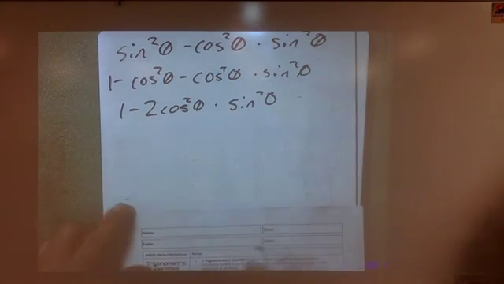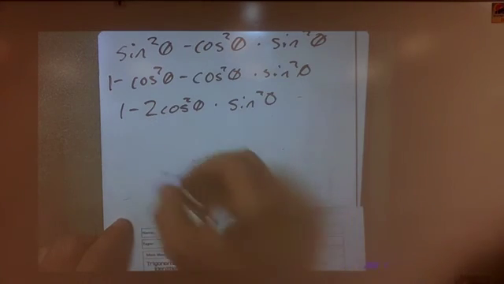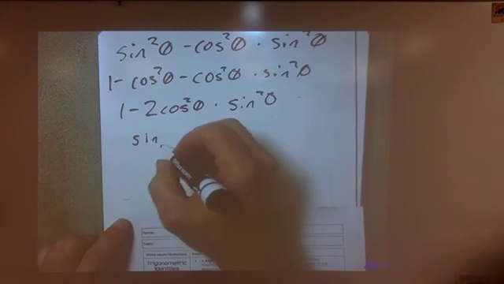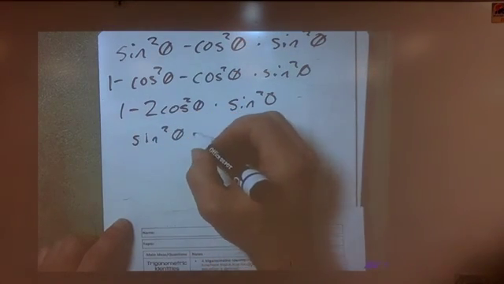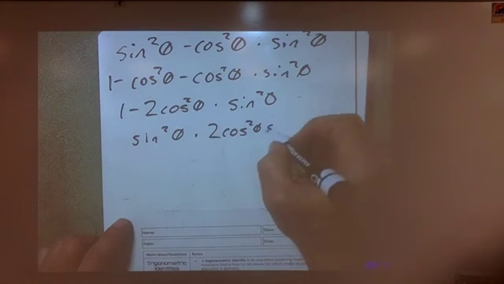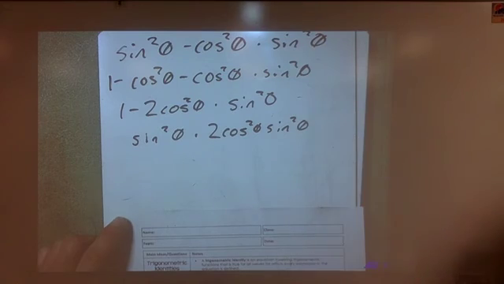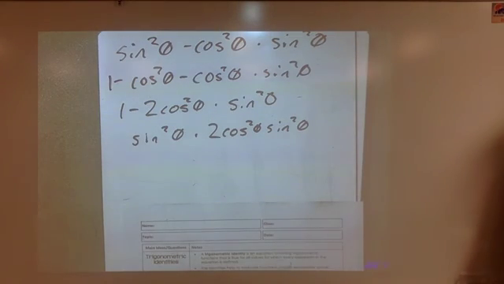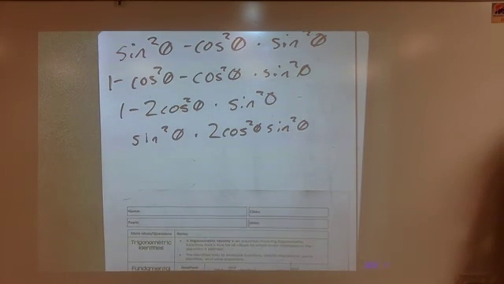And I mean, you could distribute this through, say this is sine squared theta times 2 cosine squared theta sine squared theta. And that just seems to be getting us nowhere fast. So again, I think I've failed miserably on simplifying this problem.